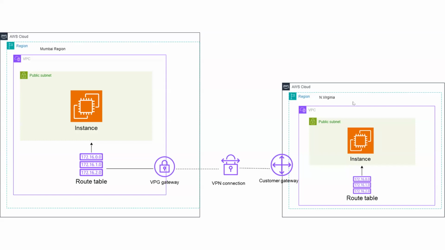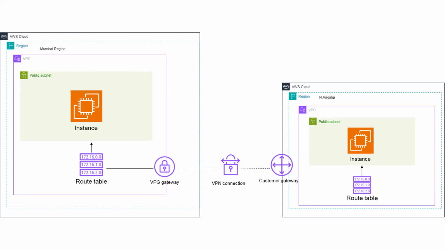So let's take an example to understand this architecture. Imagine an apartment complex, the VPC, with different buildings, the subnets. Let's say there are two buildings, one in Mumbai and another in North Virginia. The resident instances in each building need a way to get to the internet. A route table will act like a map that tells the residents which exit gateway to use to get to their destination.